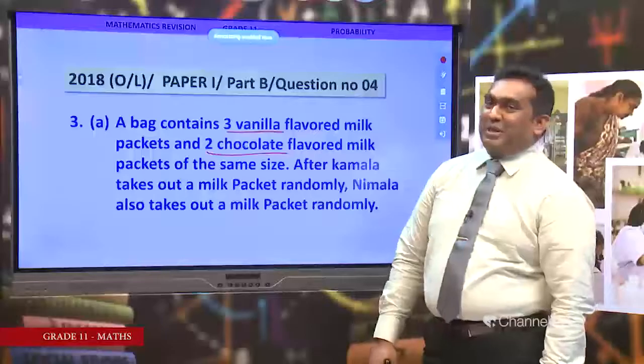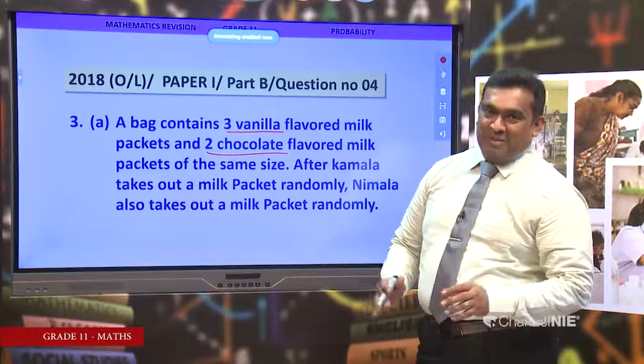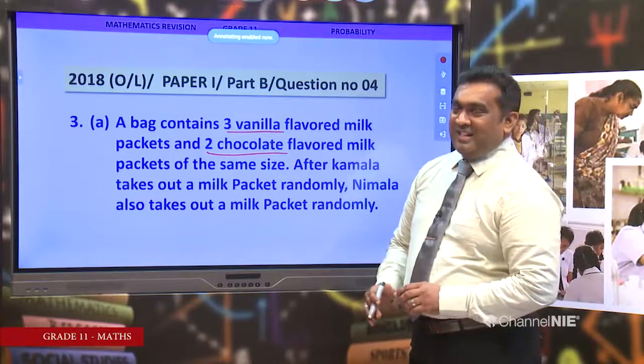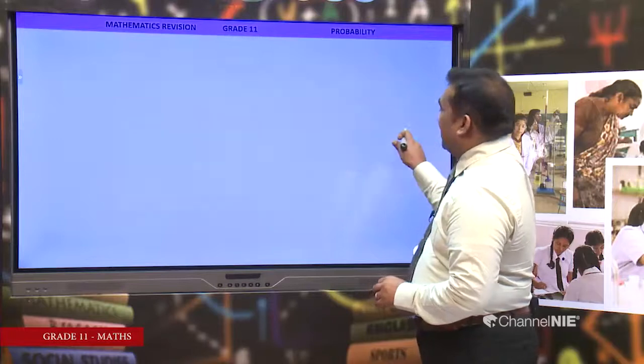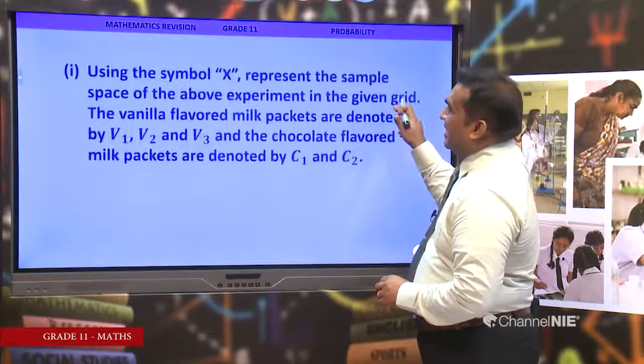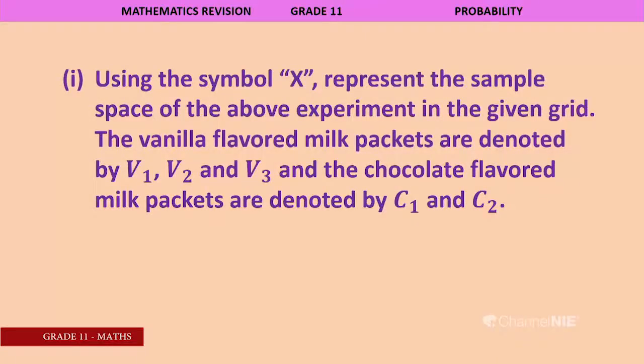This is the experiment. Now we can see the sample space of this experiment. Using the symbol X or cross mark, represent the sample space of the above experiment in the given grid.